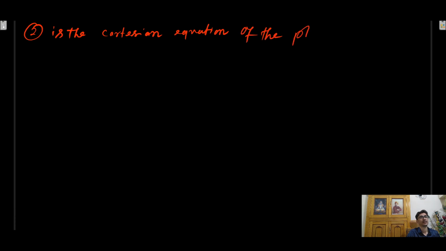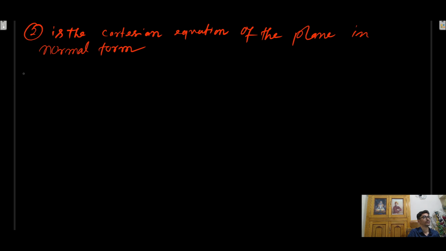So 2 is the Cartesian equation of the plane in normal form.